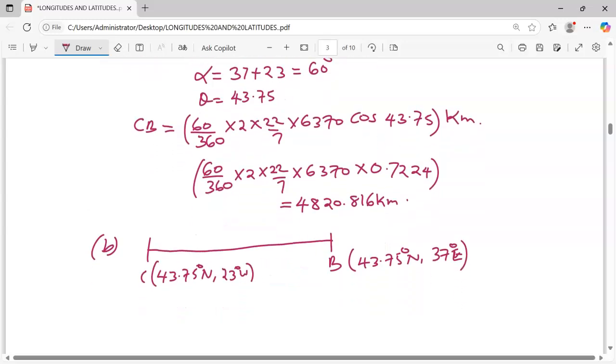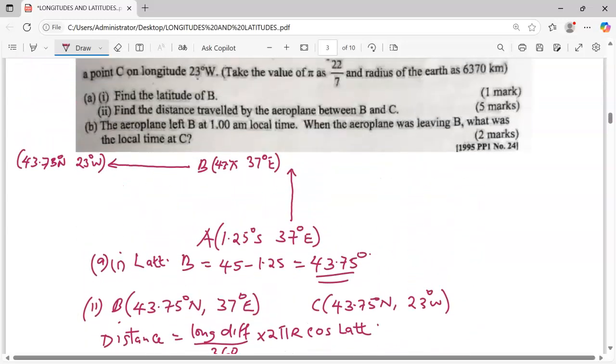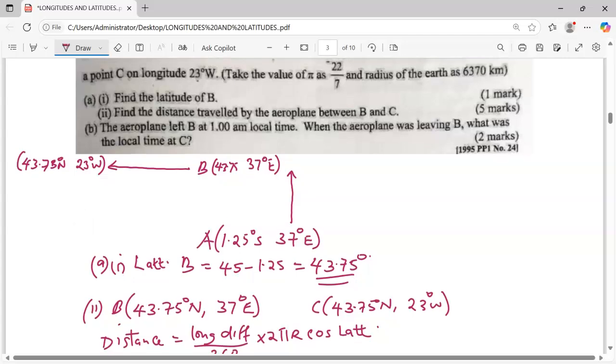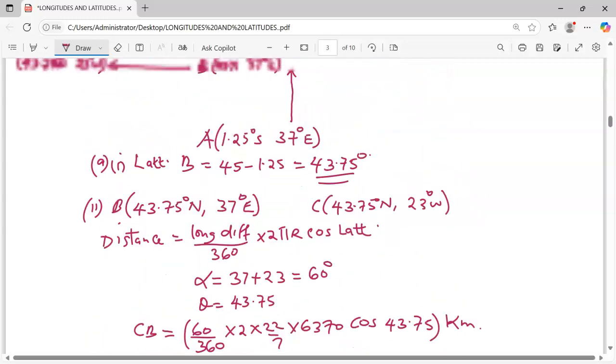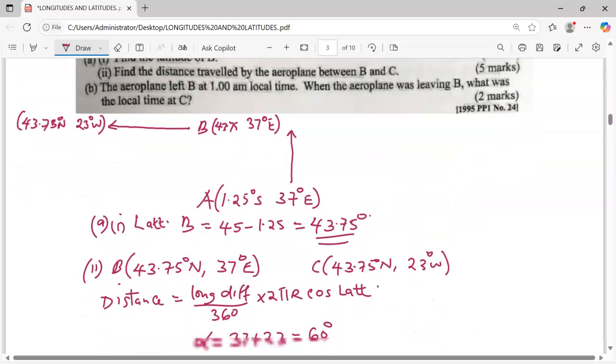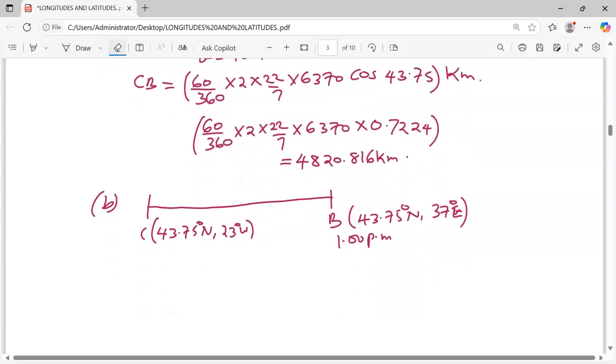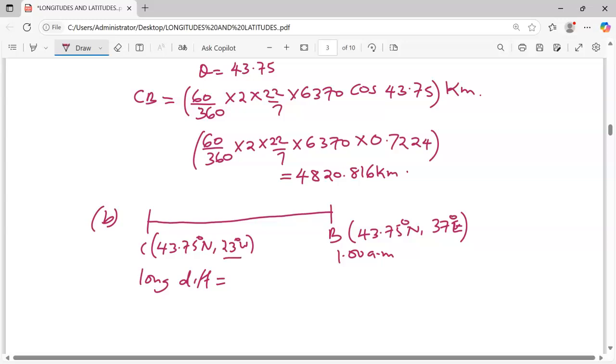For us to be able to get the local time at point C, C is behind B, and we know the time at B is 1 a.m. What causes the difference in time is the longitude, and we are going to start by getting the longitude difference. The longitude difference has also been found to be 23 plus 37, which is 60 degrees.